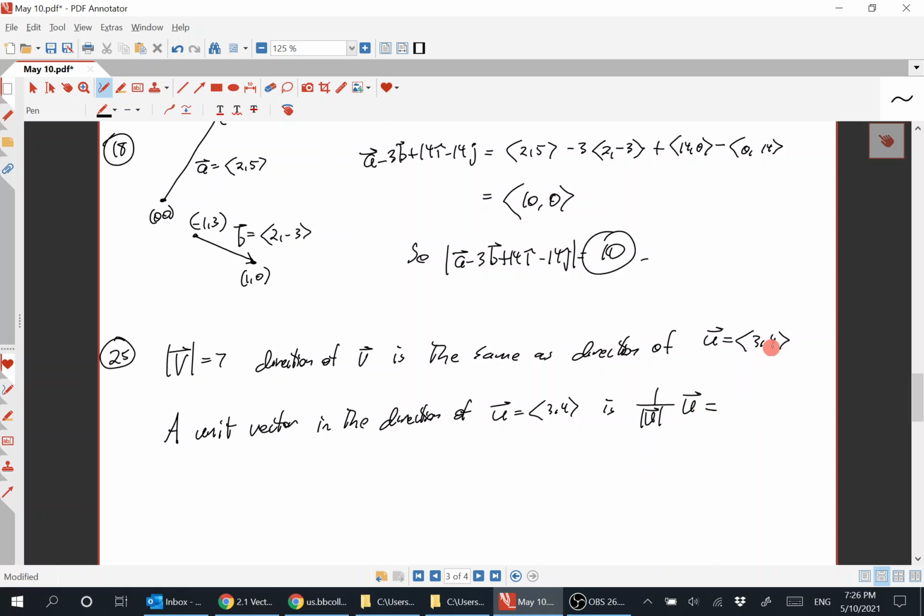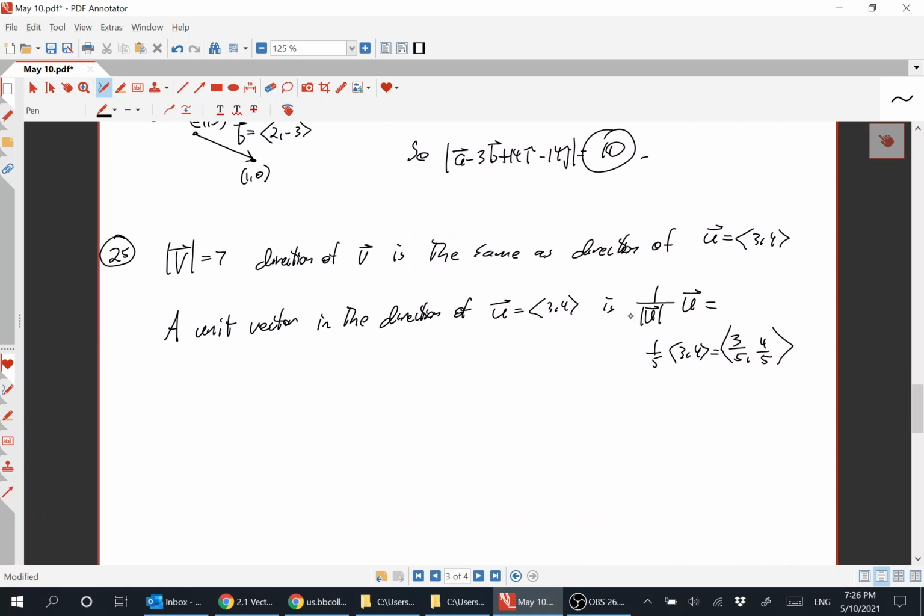And the length of u, again, is that special Pythagorean triple number, 3, 4, 5. So this is 1/5 times 3, 4. That's 3/5, 4/5. So that's a unit vector, a vector of length 1 that points in the same direction as this one.